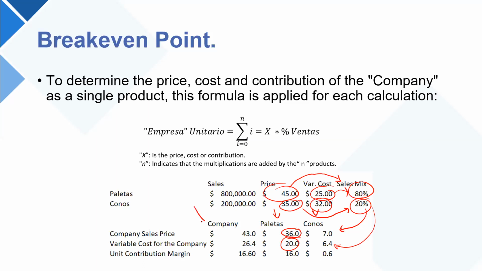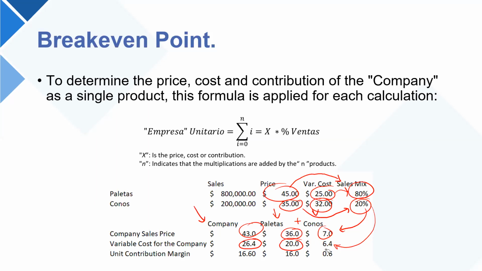Now the company has a price on sales mix of the addition of these two as weighted average. So the price of the company on the weighted average sales mix of these two products is 43, which is the addition of 36 plus 7. And the variable cost is 26.4, which is the addition of 20 plus 6.4, right?